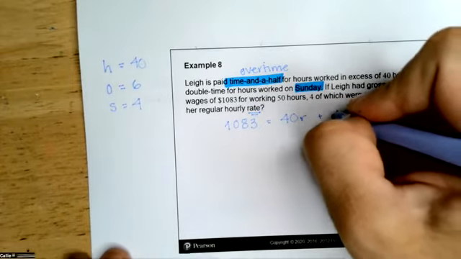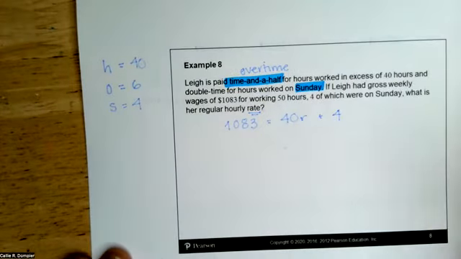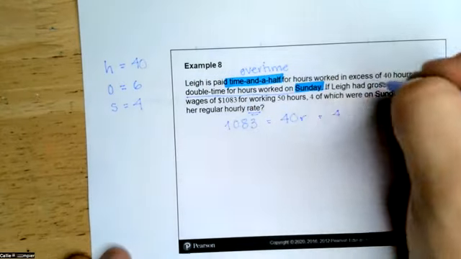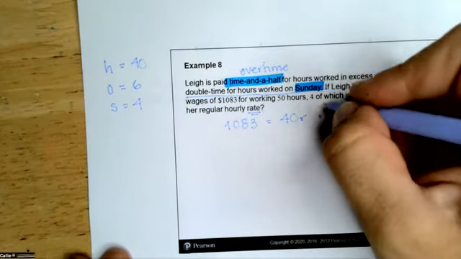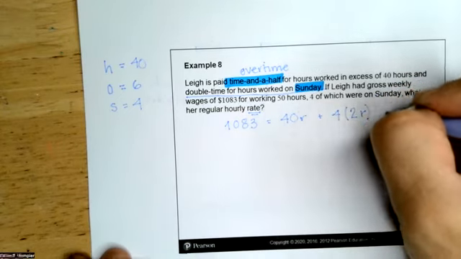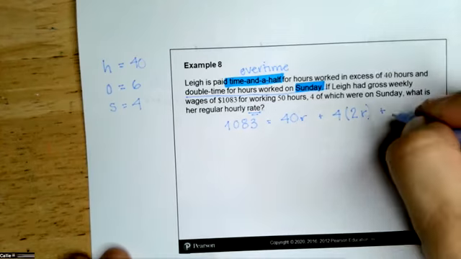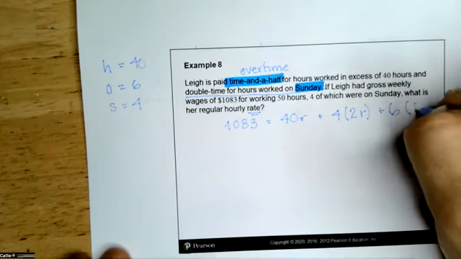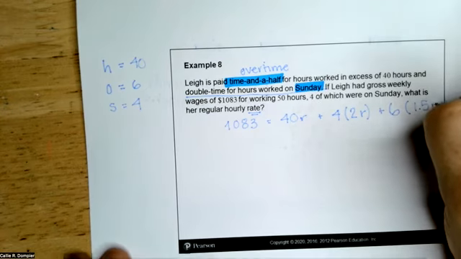And then for those extra 4 hours on Sunday, what happens? She gets double time for hours worked on Sunday. So the 4 Sunday hours are going to be 2 times her rate. And she also worked 6 overtime hours, which are 1.5 times her rate.